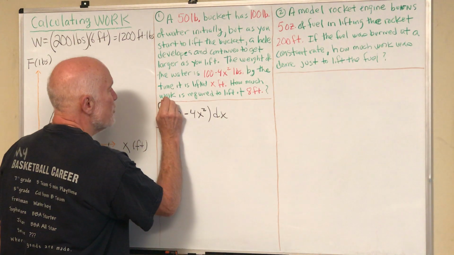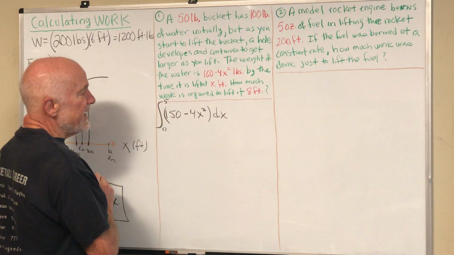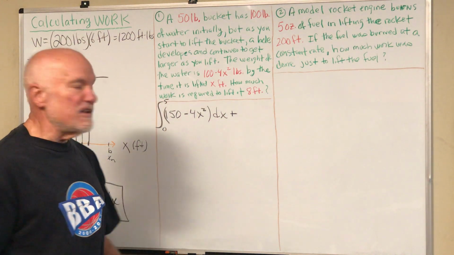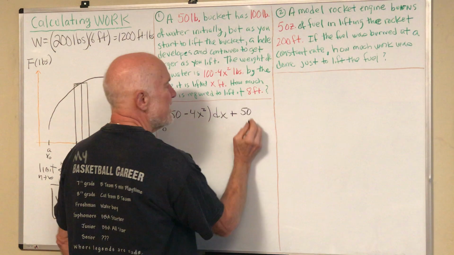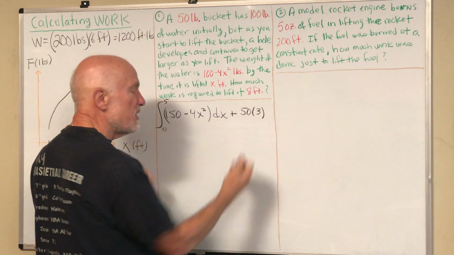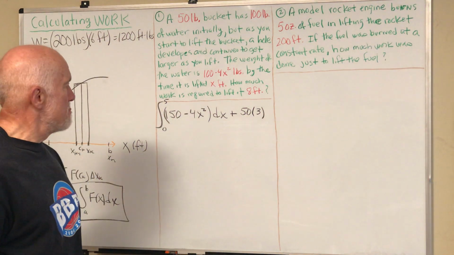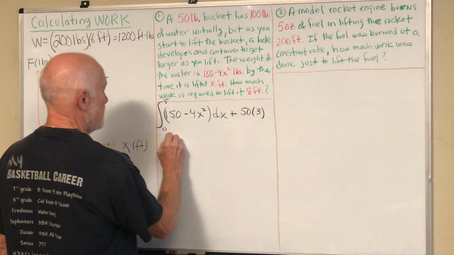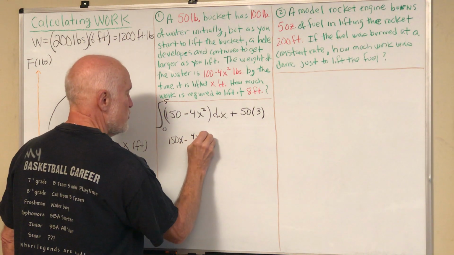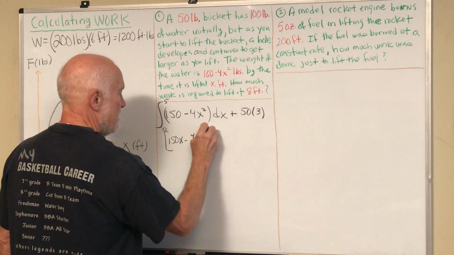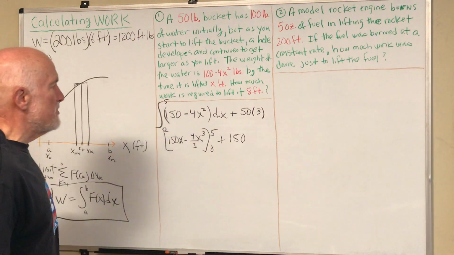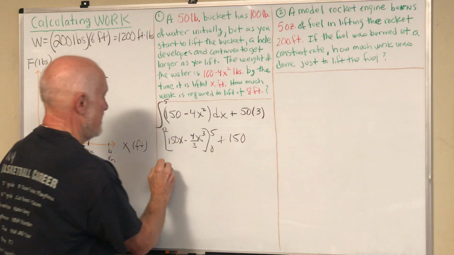So you just go from 0 to 5, and then you don't need calculus to do those last 3 feet. You'll just have a 50-pound bucket, and you're lifting it 3 more feet. So I hope you understand that this is going to give us the total amount of work. So 150x minus 4x cubed over 3 from 0 to 5 plus 150 to lift the bucket that last 3 feet.